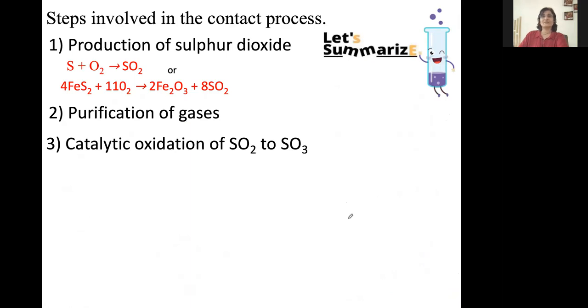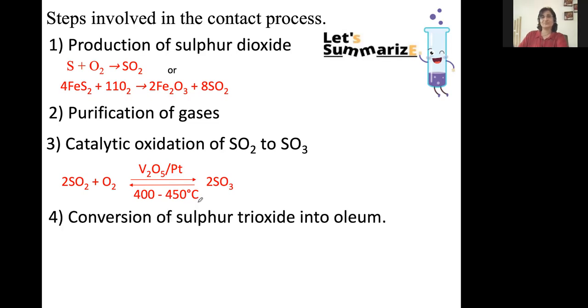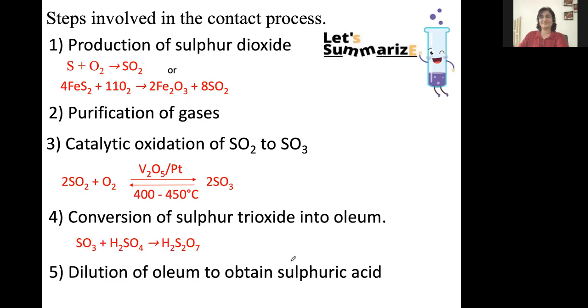Then the most important step, where you use vanadium pentoxide or platinum, or you may just write vanadium pentoxide. You also need to write the temperature. Then sulfur trioxide to oleum, and dilution of oleum to obtain sulfuric acid. All these equations and steps are important to learn the contact process.